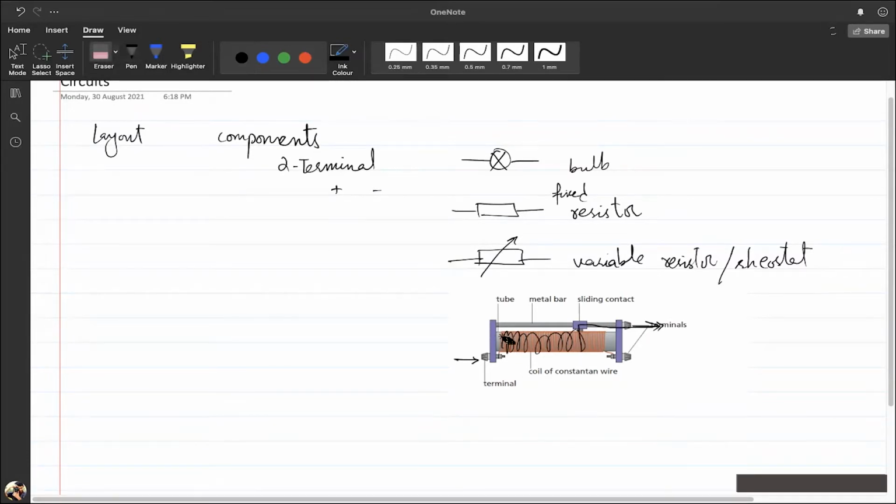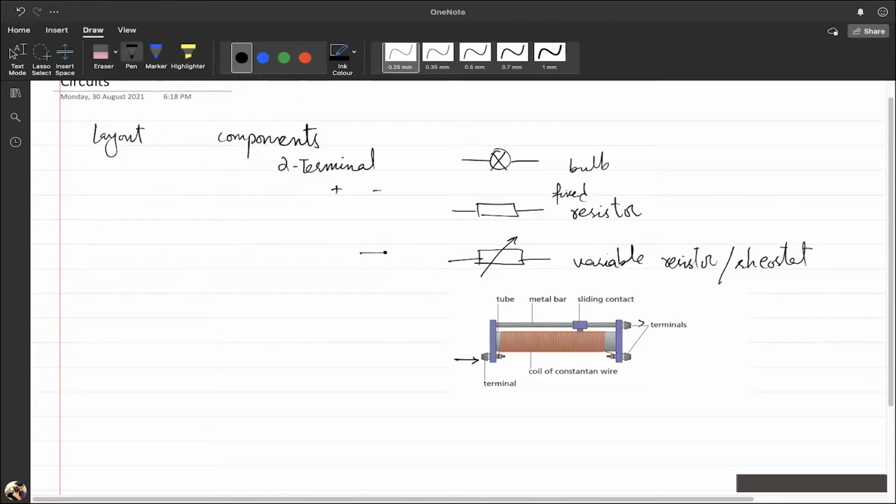Now, if I were to slide this and bring the sliding contact over here, what that would mean is that now the current has to travel all the way over here and then go from here to here. So the number of coils that it has to go through is changed based on where the sliding contact is. And that is how the resistance changes. So that's a basic variable resistor.